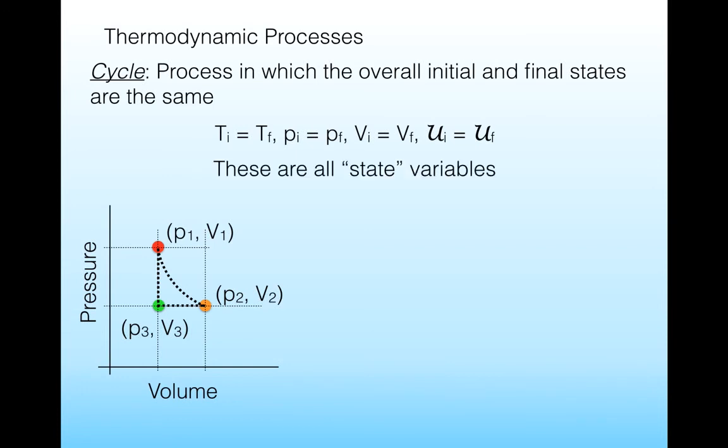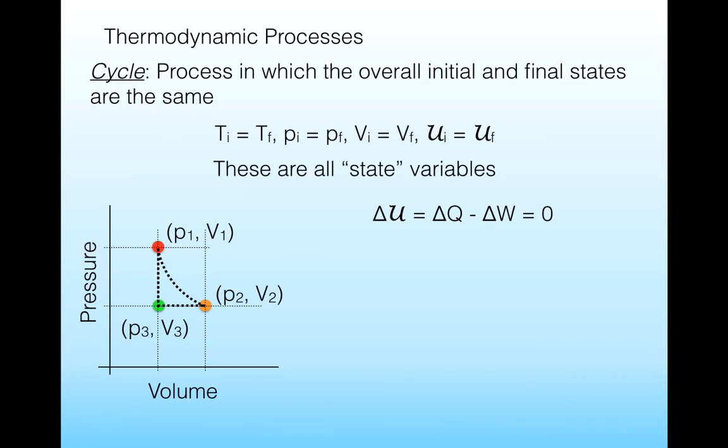These are all state variables that describe where you're located on the pressure volume plot. So the states are all completely well described by both these variables and the equation of state that we have, which is the ideal gas law. And during the cycle, the heat and the work are being exchanged, but the total internal energy of the system after one cycle is actually equal to 0.